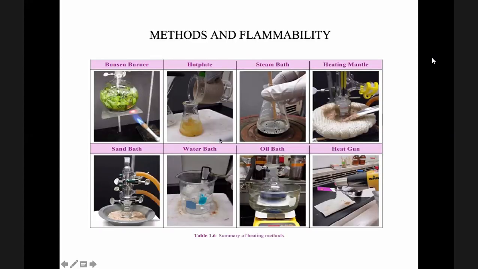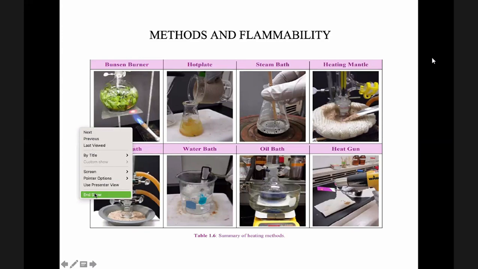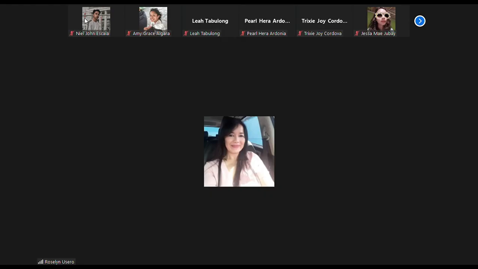Okay, so next meeting, we will discuss methods and flammability. And also, how many slides are left? We're just like 10 slides left. So then we'll discuss the laboratory notebook. Be able also to answer your progress check questions and submit them to me on Monday. Can you do that?